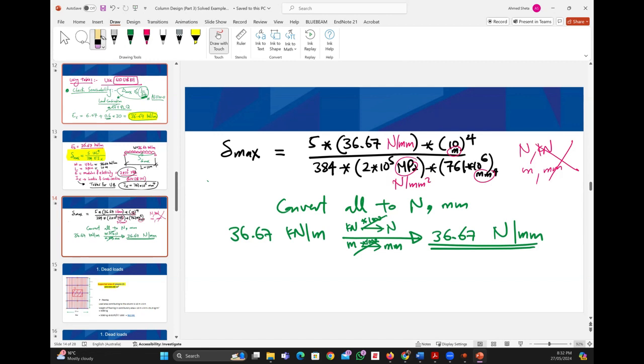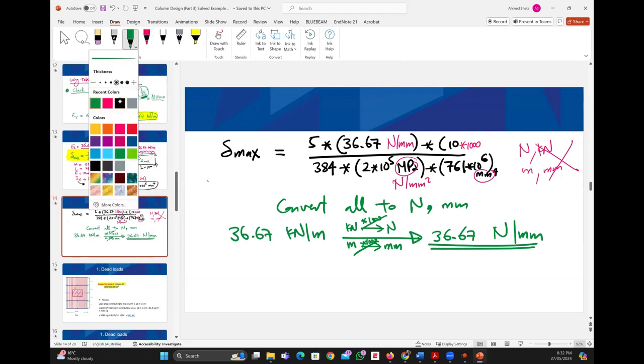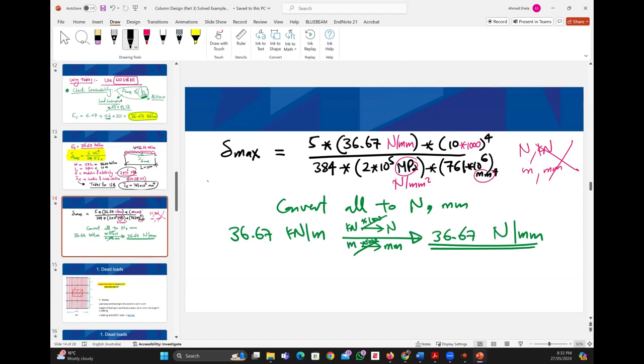But how about the 10 meter? How do we convert 10 meter to millimeter? Do you know? Times it by 1000. Yes, times by 1000. This is okay now, so this becomes millimeter. So all the numerator is in millimeter now.